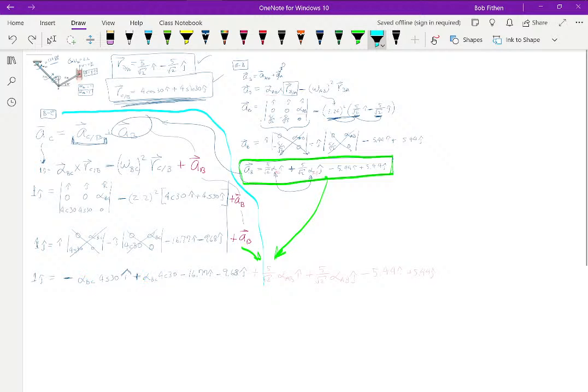Well, here's what I do. I identify all the I's, and then I identify all the J's.